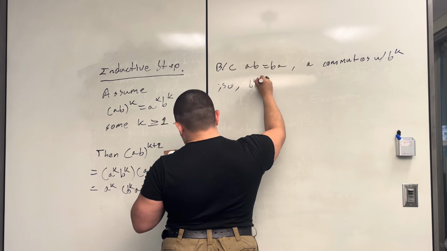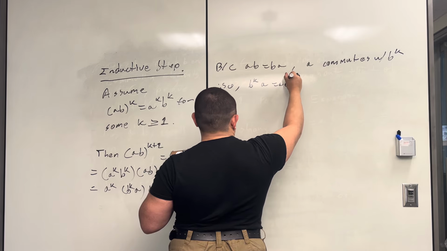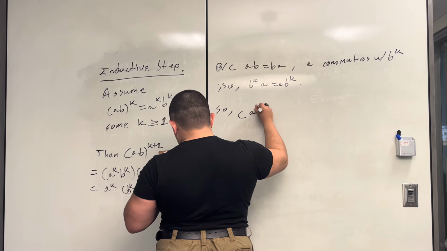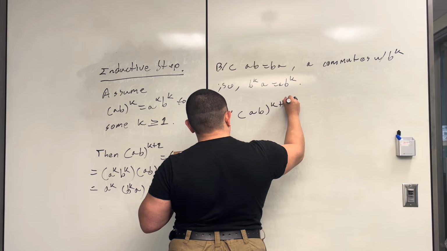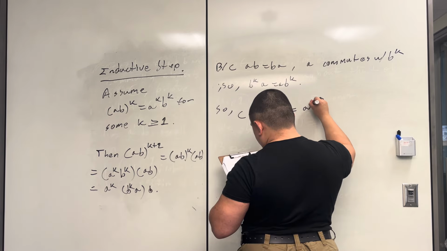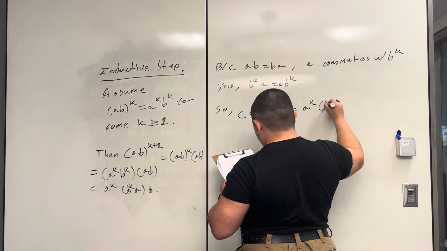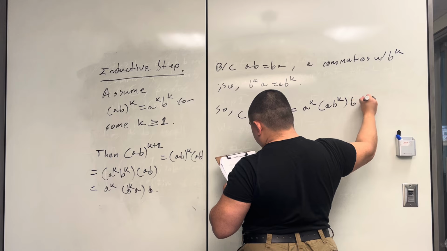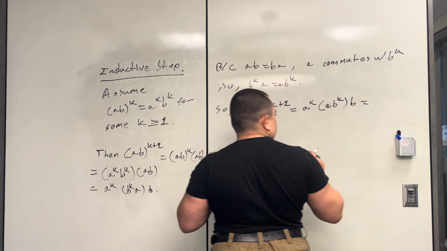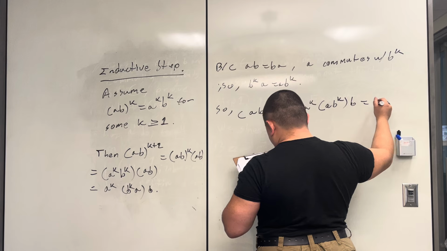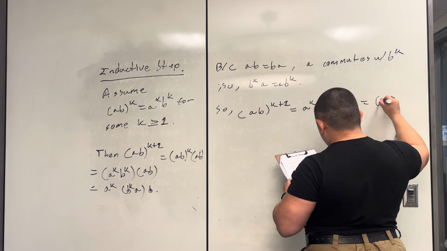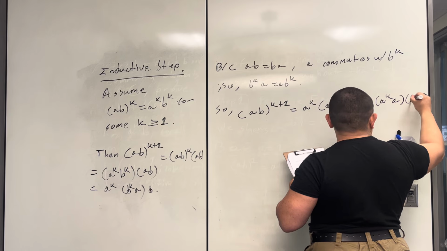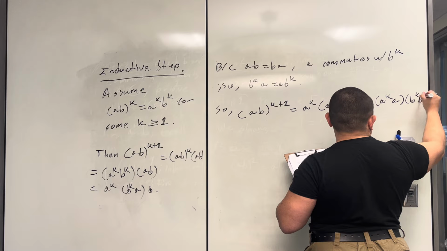So B to the k A is equal to A times B to the k. So (AB) to the k plus 1 is equal to (A to the k)(A times B to the k)B, which is equal to, I'm going to write it all the way over here, (A to the k times A)(B to the k times B).